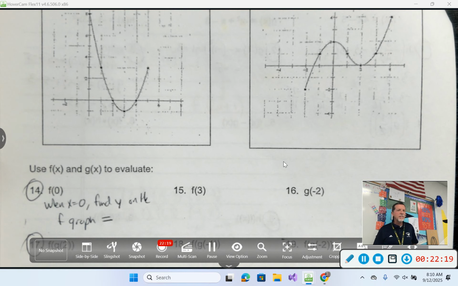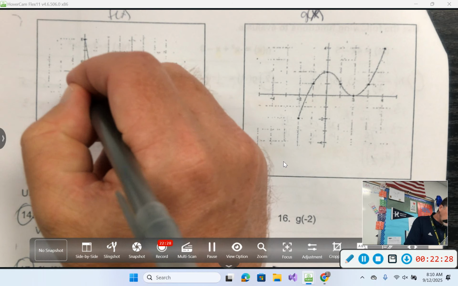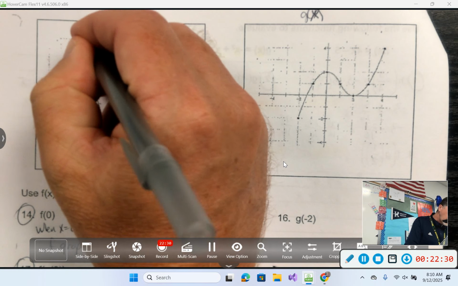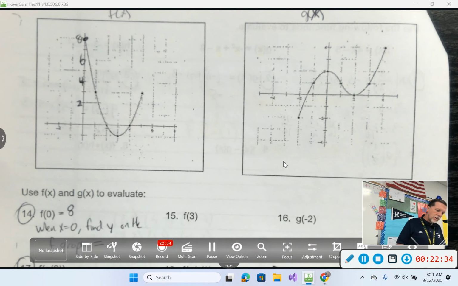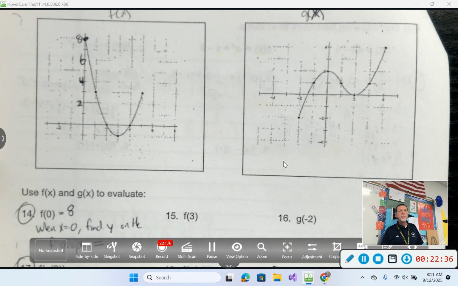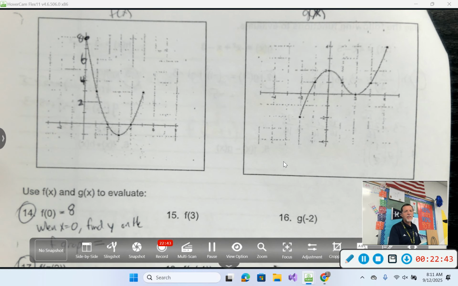F of 0 means if x is 0, what's y on the f graph? 8. It's labeled, but it's hard to read. 2, 4, 6, 8. So yes, f of 0 is 8. Didn't have to do anything other than understand what the graph is and what it's asking.